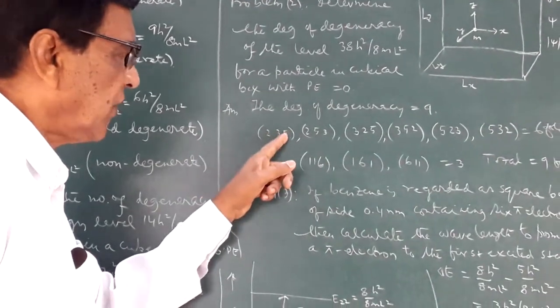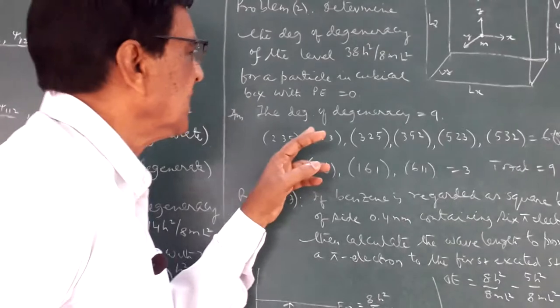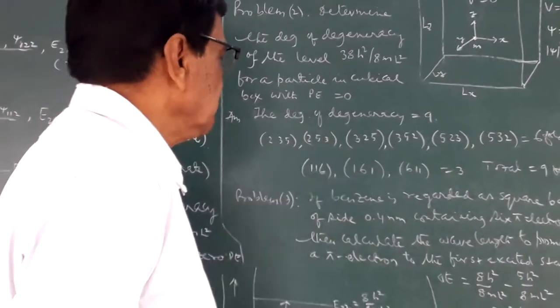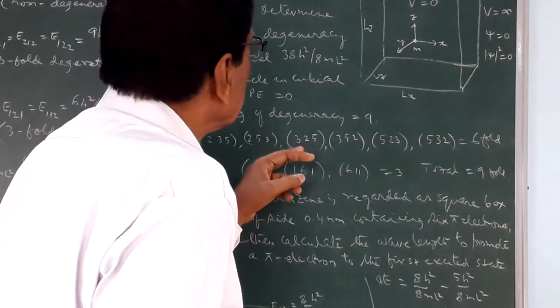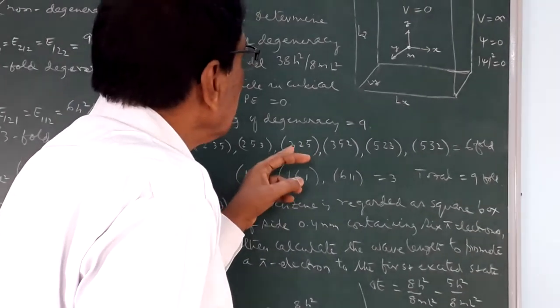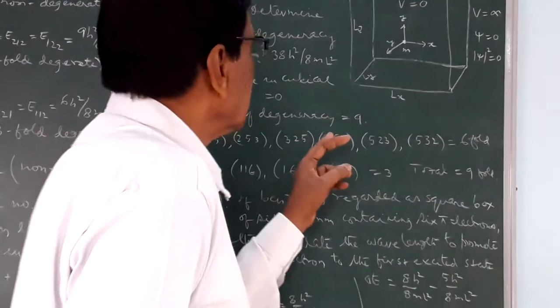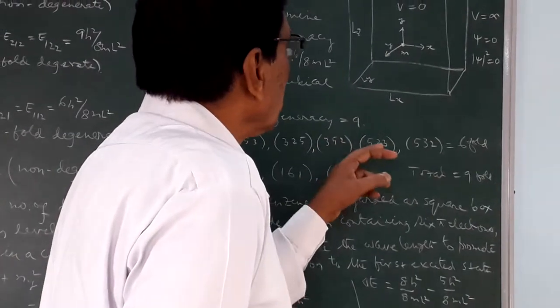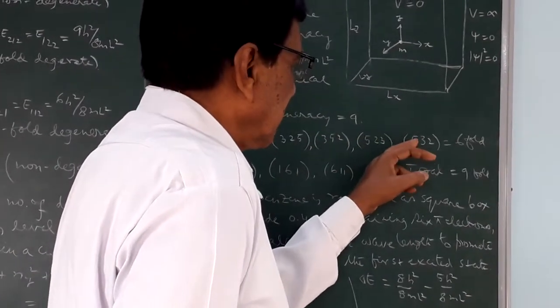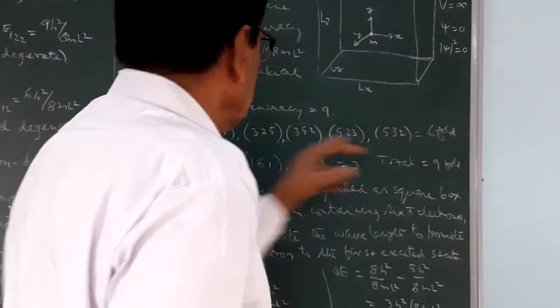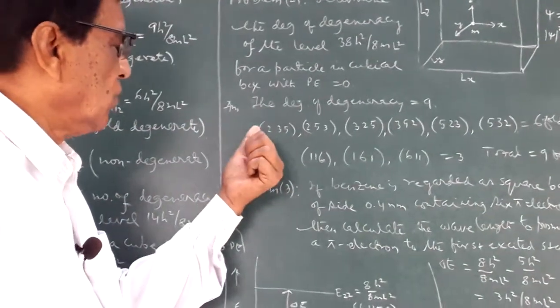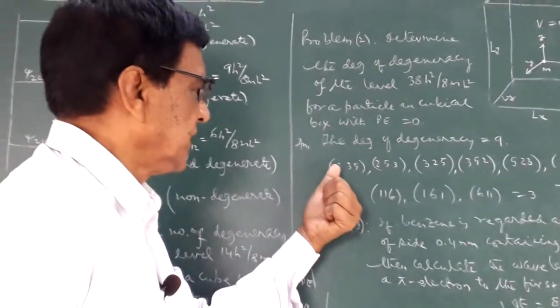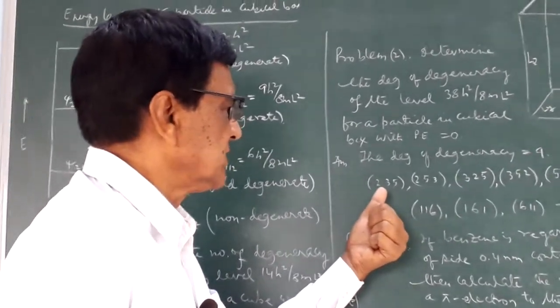So 2, 3, 5, you can write 2, 5, 3, and then another wave function containing 3, 2, 5, and this is 3, 5, 2, and 5, 2, 3 and 5, 3, 2.